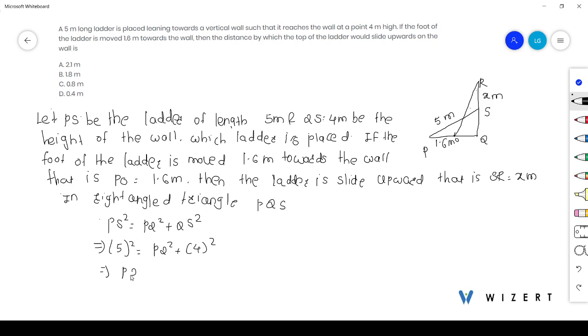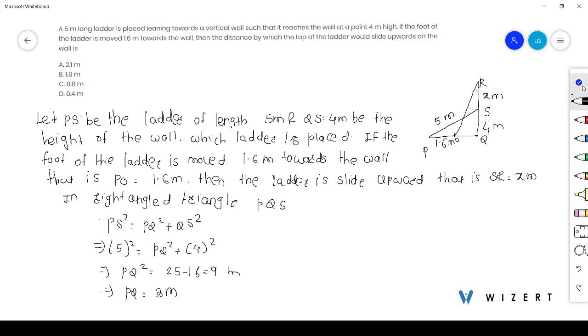So from this we can find PQ square as 25 minus 16, so it is 9 meters. So PQ square equals 9. Taking square root on both the sides, we get PQ equals 3 meters.